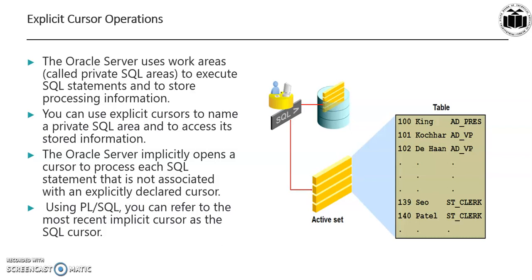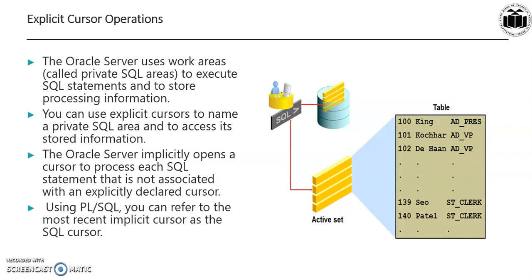You can use an explicit cursor to name a private SQL area and to access its stored information. If the user wants to store information about the operation going on, the user can access that private SQL area by declaring it, by naming it.